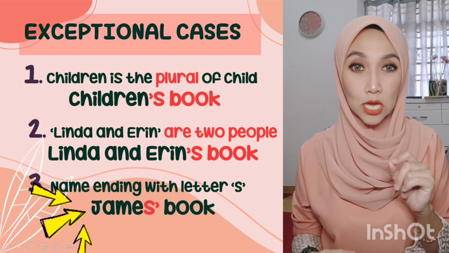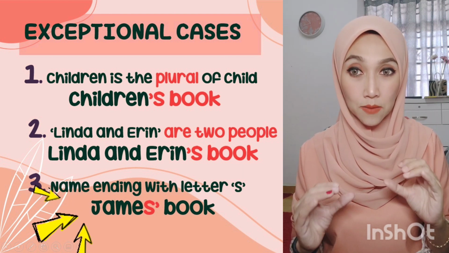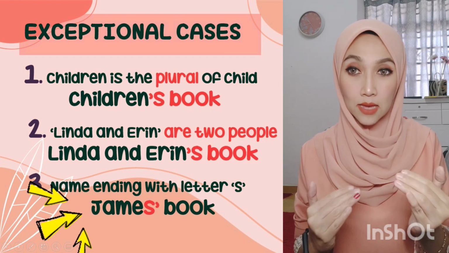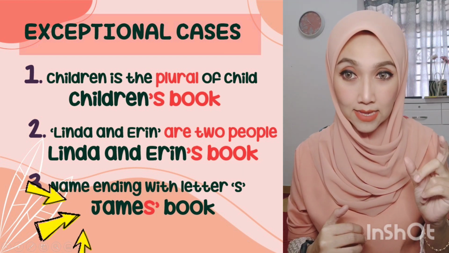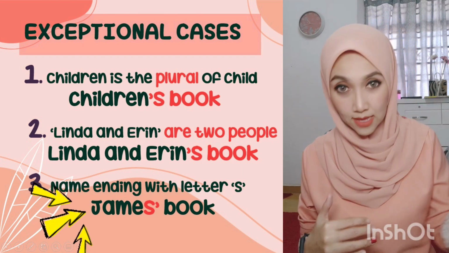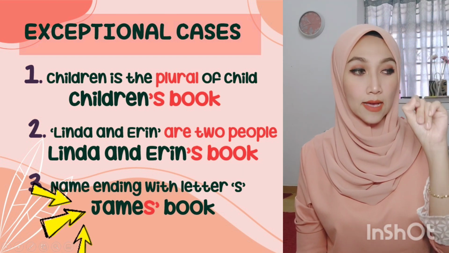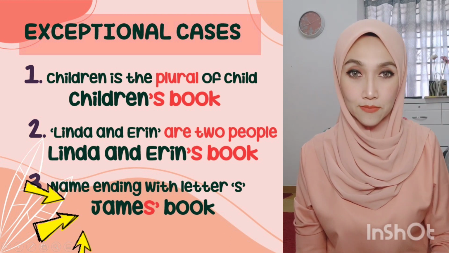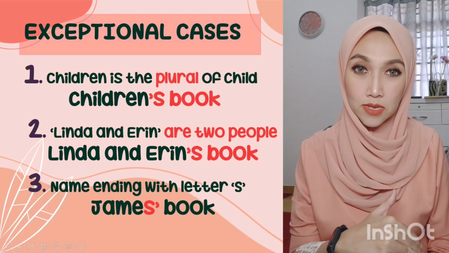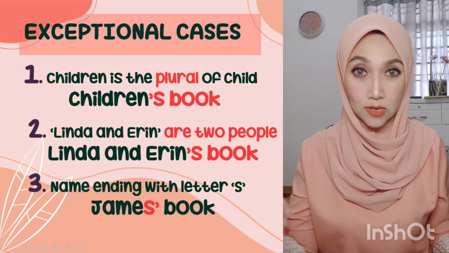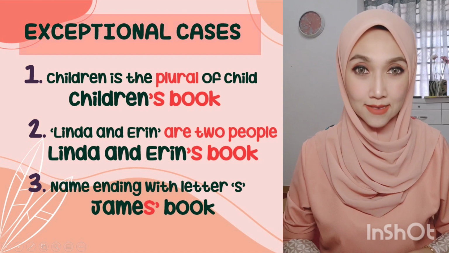Because James is a name ending with the letter S. So when your name ends with the letter S, you don't have to put another S. You just spell your name and apostrophe, then the belonging word. Okay? So you have to remember these three exceptional cases.